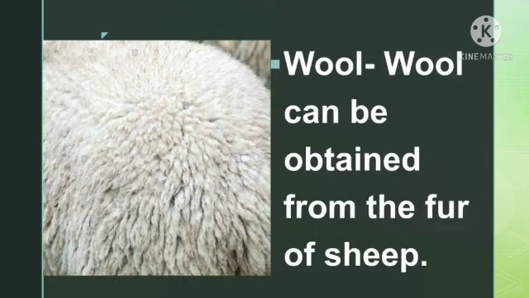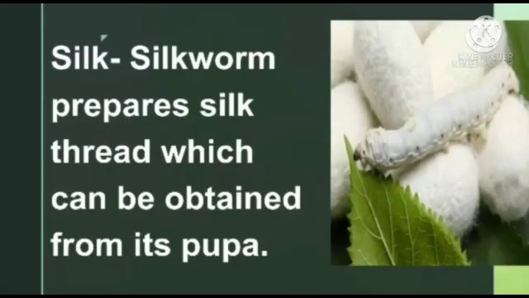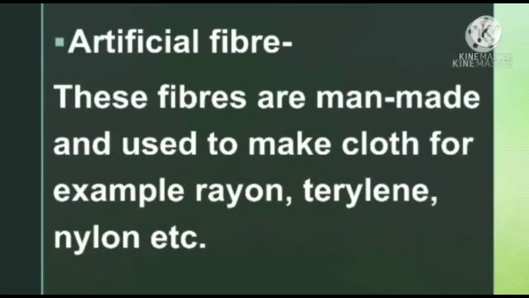Wool can be obtained from the fur of a sheep. Silk. Silkworm prepares silk thread which can be obtained from its pupa. Artificial fiber. These fibers are man-made and used to make cloth, for example, rayon, terylene, nylon, etc.